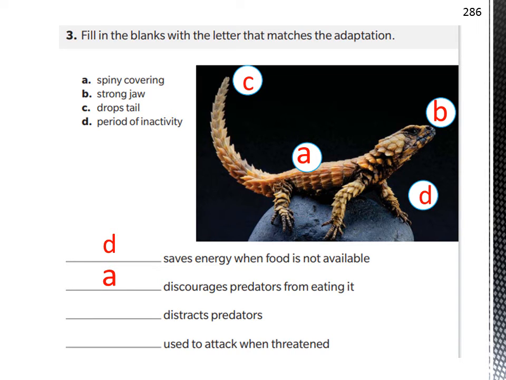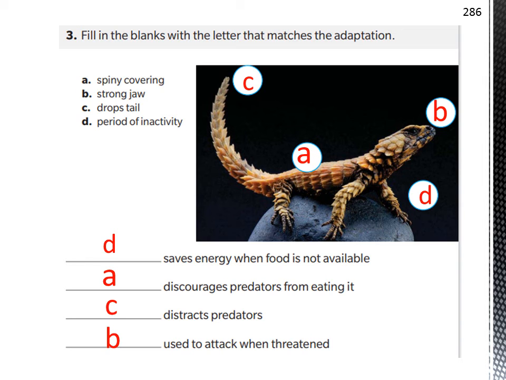Now, which adaptation of the lizard would distract predators? It is C. Drops tail. Last question. Which adaptation does the lizard use to attack predators? It is B. Well done.